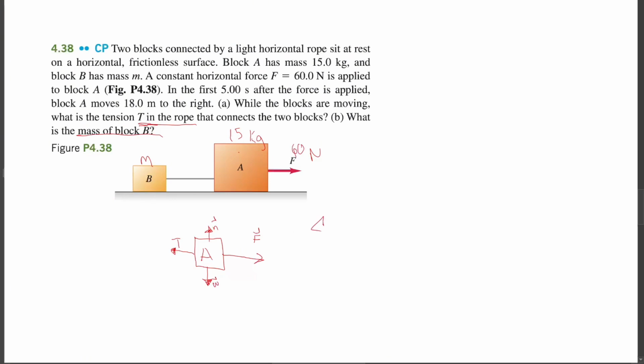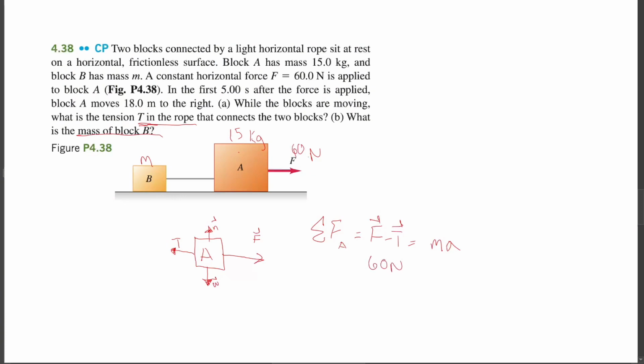So the summation of forces, the net force acting on A, is going to equal the force on the right that we apply minus the tension force, and that's going to give the block an acceleration. So we're going to set this equal to ma, and we know that this force is 60 newtons.